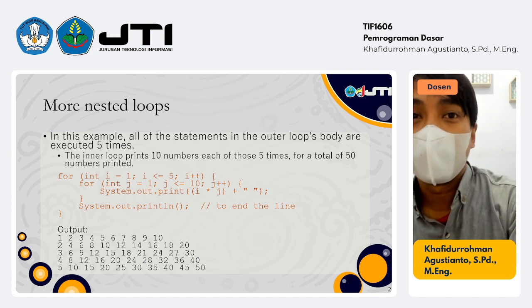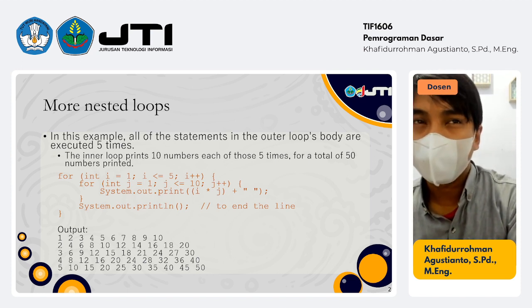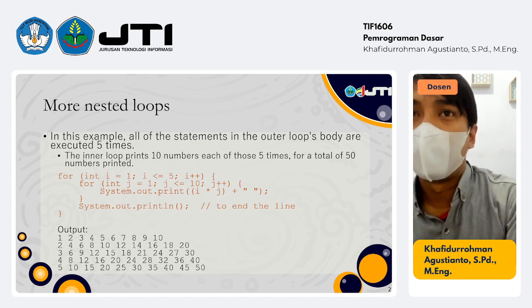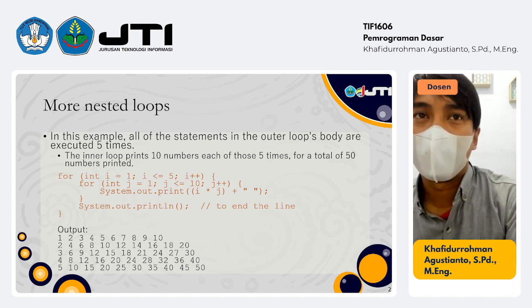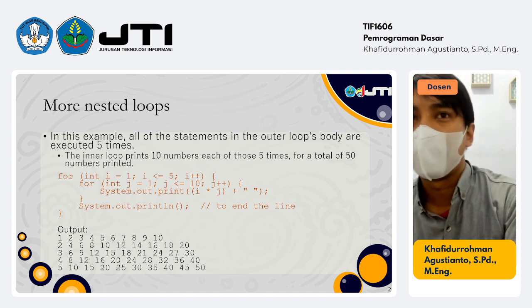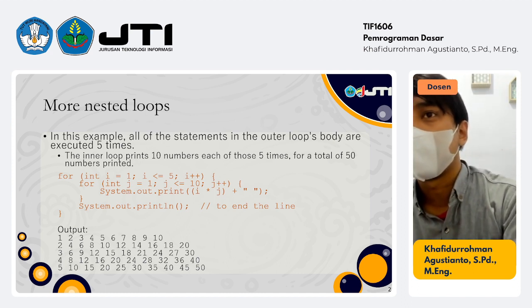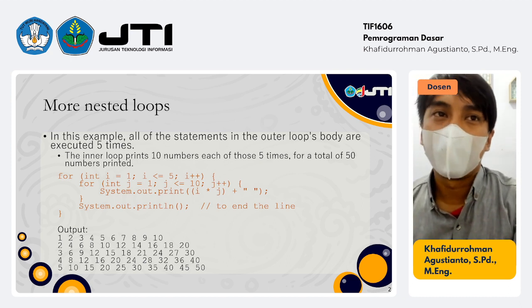Okay, more nested loops. In this example, all of the statements in the outer loop's body are executed 5 times. The inner loop prints 10 numbers each of those 5 times, for a total of 50 numbers printed.